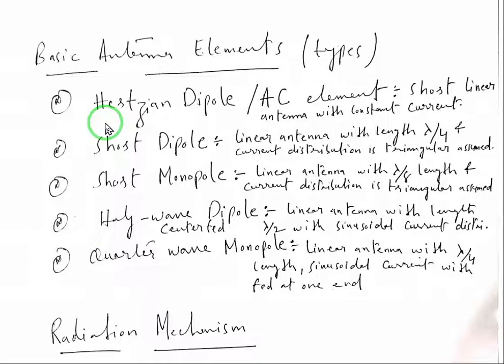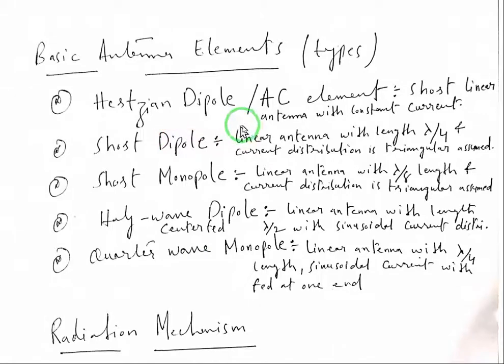Okay, moving further, the first one is the Hertzian dipole or alternating current element. These antenna elements are basically categorized in terms of the length, current distribution, and their current feed mechanism, at which the signal is fed to the antenna.